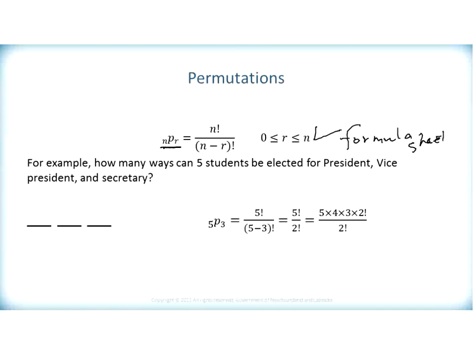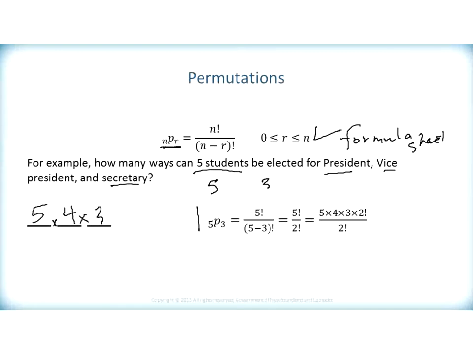How many ways can 5 students be elected for president, vice president, and secretary? We see that is 5 objects taken 3 at a time. There are 5 options for president, 4 options then for vice president because 1 is already president, and then 3 options for secretary.